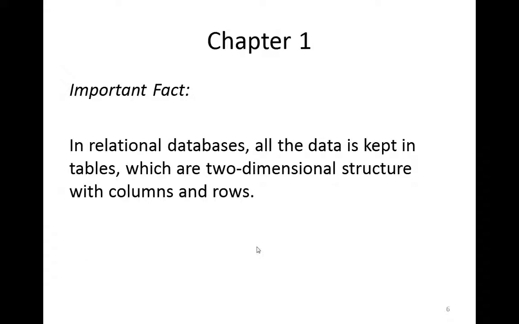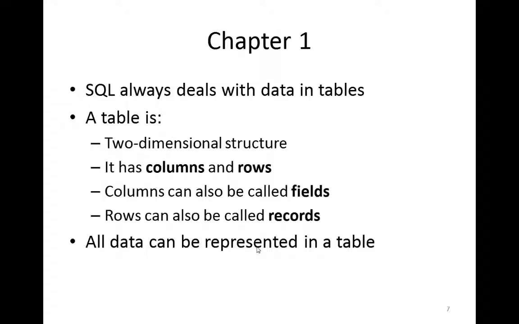Important fact, relational database. All the data is kept in a table. And that's a two-dimensional structure right now. In the future, may not be. Columns and rows, all right? We'll try and use the appropriate advanced database terms while we're in the class.